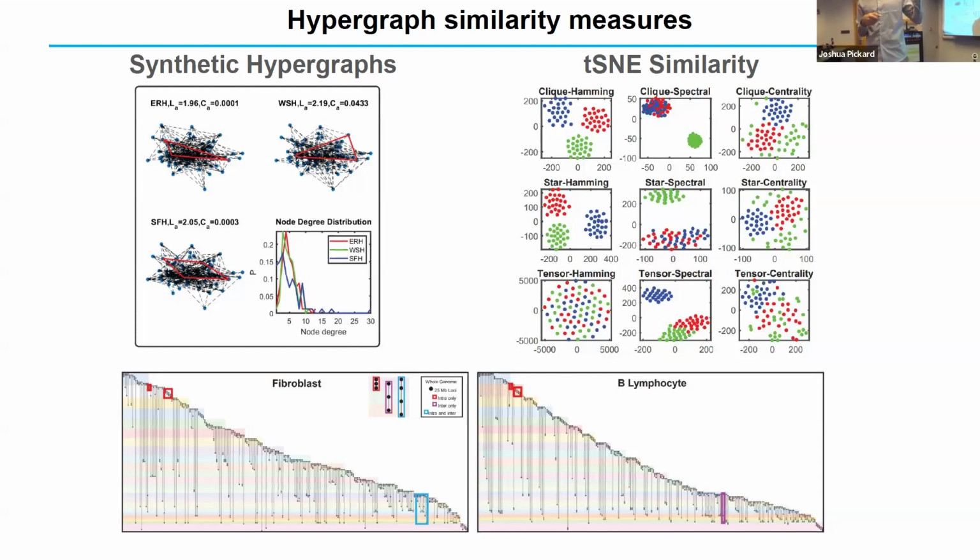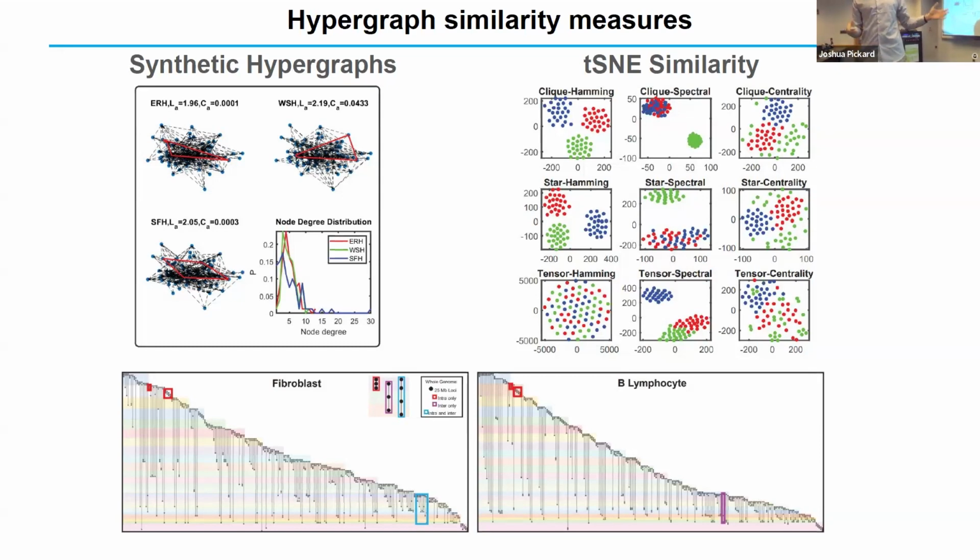We generated them according to the Watts-Strogatz model, which is a variety of small-world network, where you begin by making a lattice on your hypergraph, and then you randomly permute which hyperedges are attached. So you're going to have some attachments that go across the lattice. And the third model is a scale-free hypergraph, where we expect to see a degree distribution that follows some type of power law.